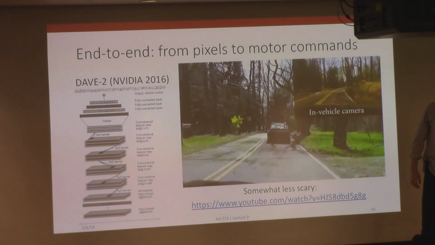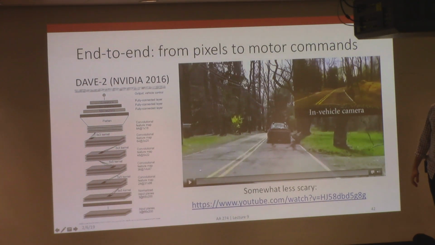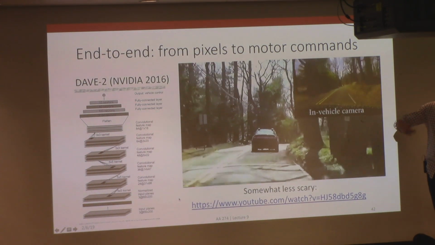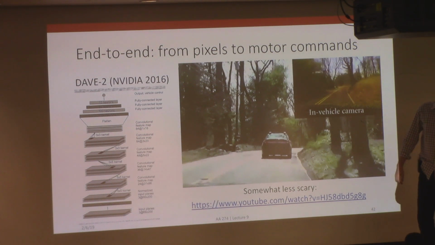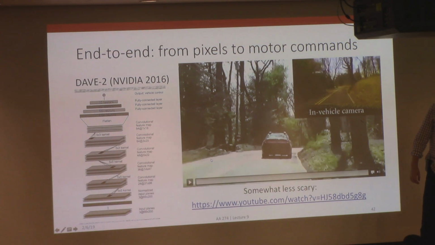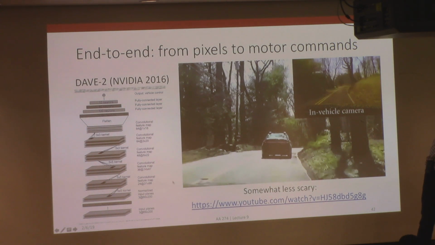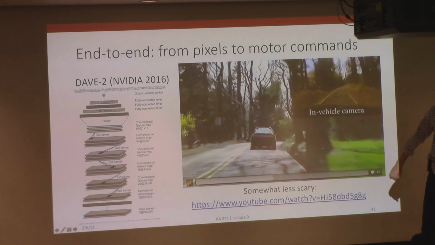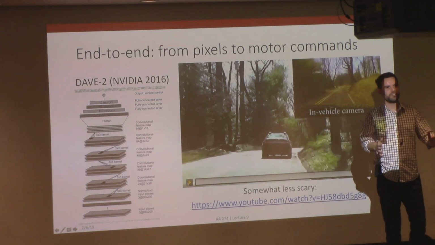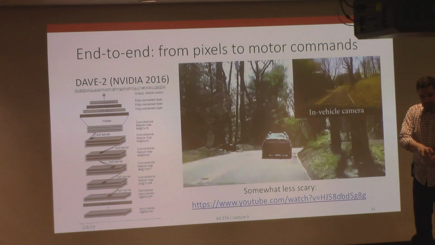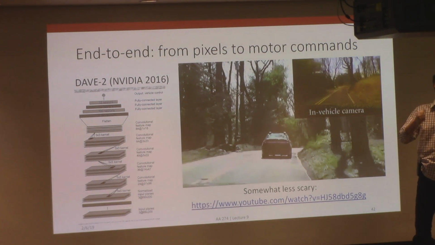Something else that people have done is, with these high-speed convolutional neural networks, you can use a convolutional neural network to directly take some image feed from the front of your car and actually regress steering commands.